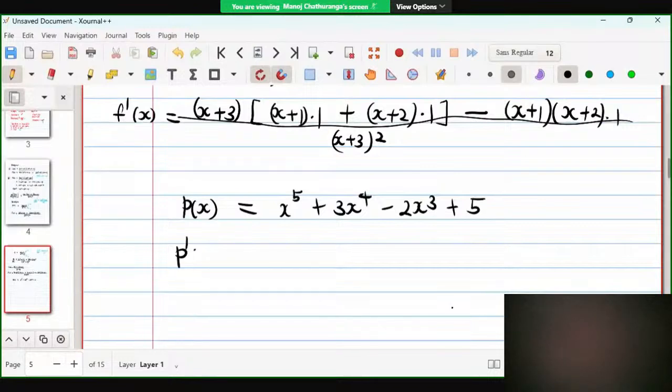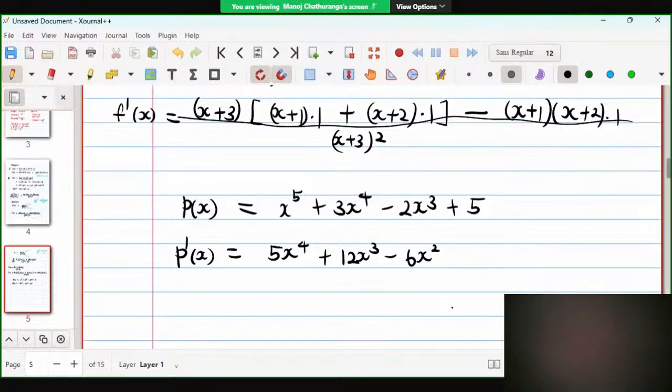You can differentiate this function once again. One time: 5x to the fourth plus 12x to the third minus 6x squared.